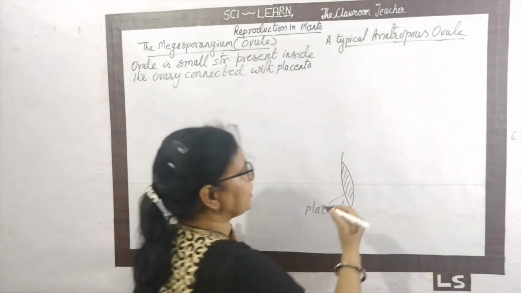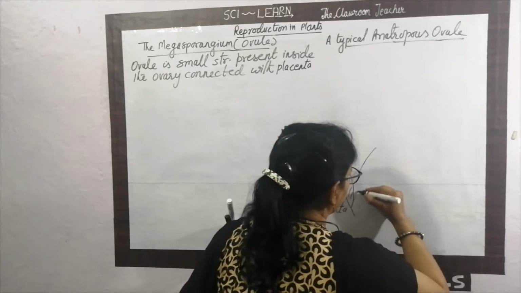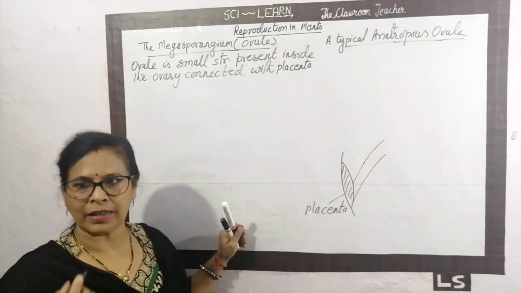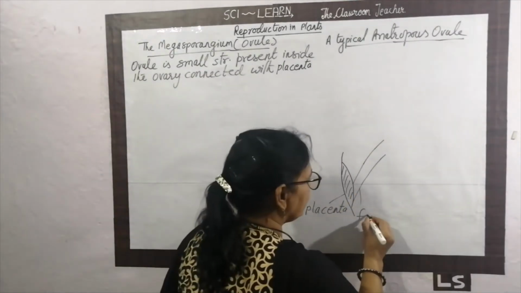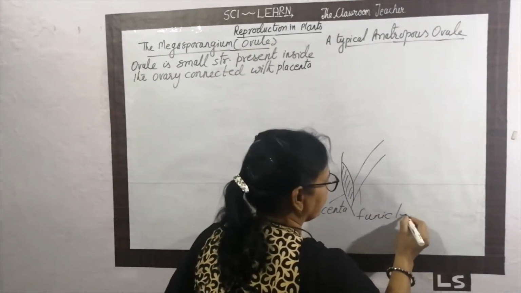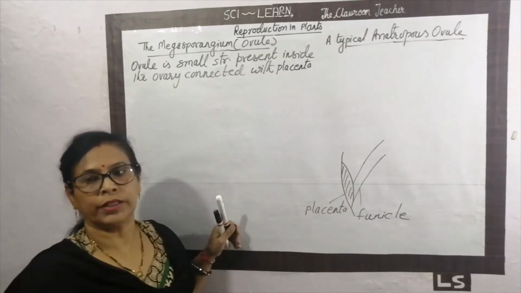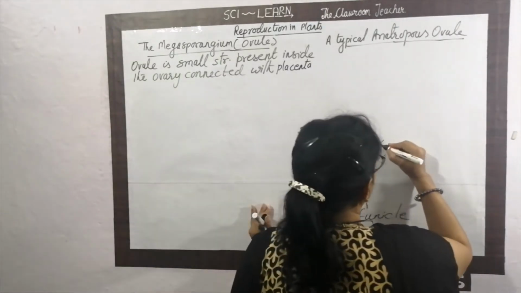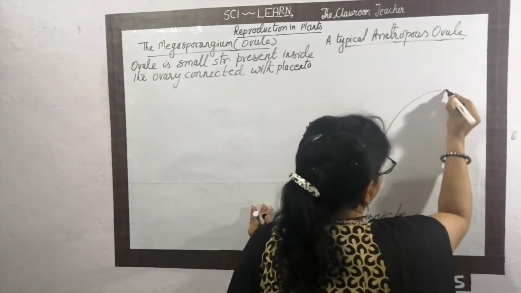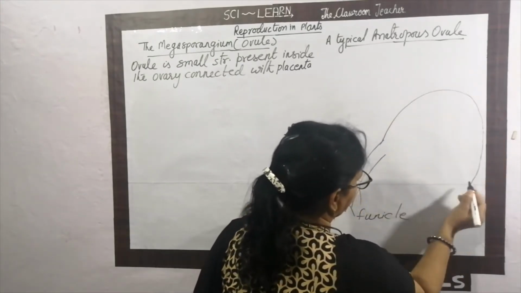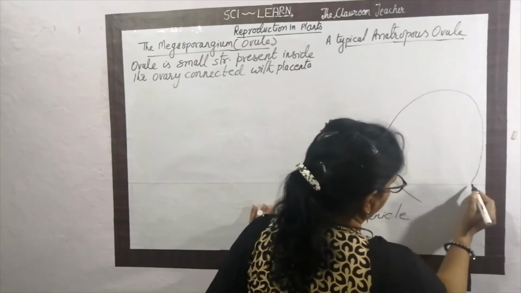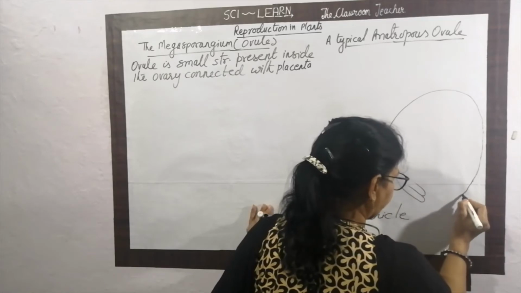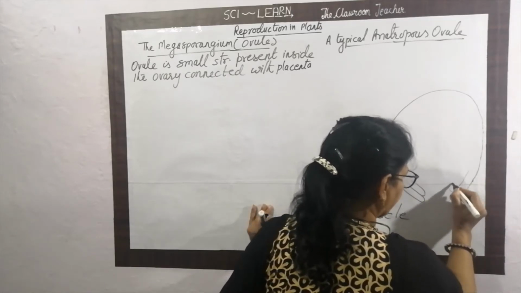This is a stalk-like structure that is called the funicle. We are going to draw a typical anatropous ovule. This is the funicle. Then this part is added.